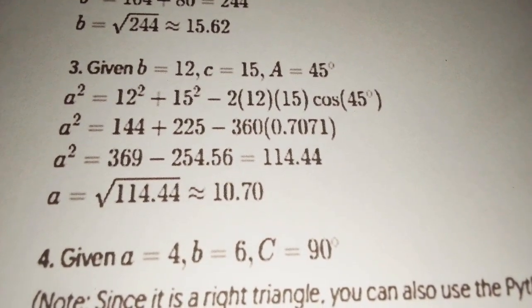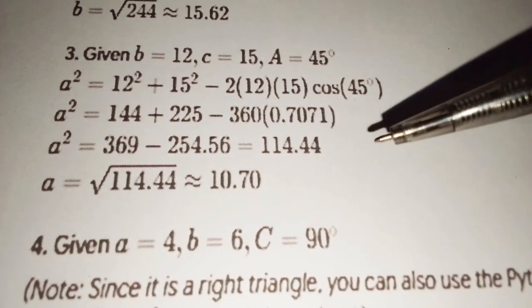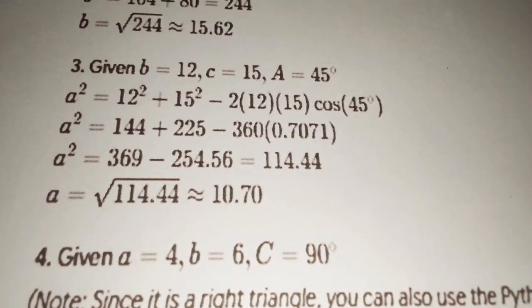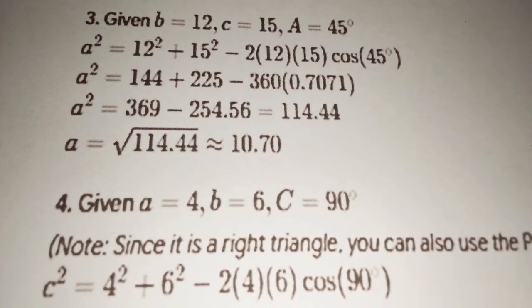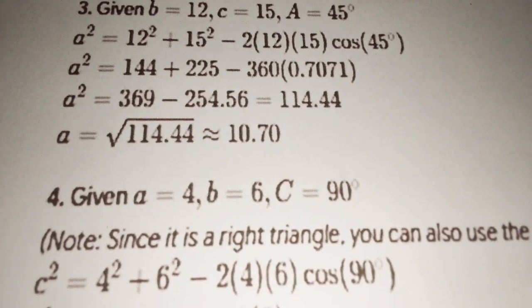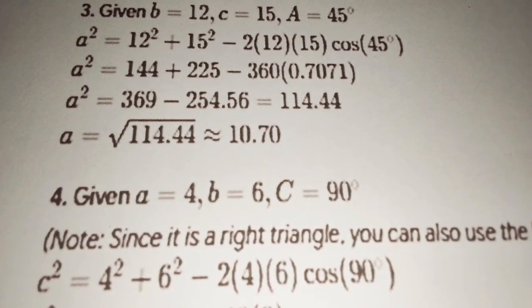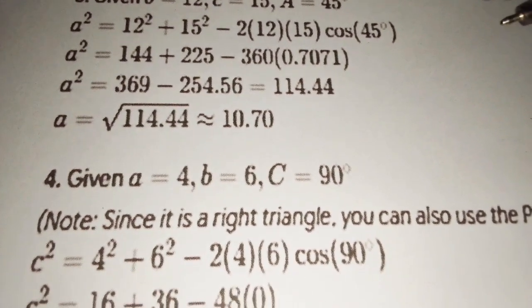Why is it a right triangle? Because of the 90 degrees of a certain angle. So that is the c.